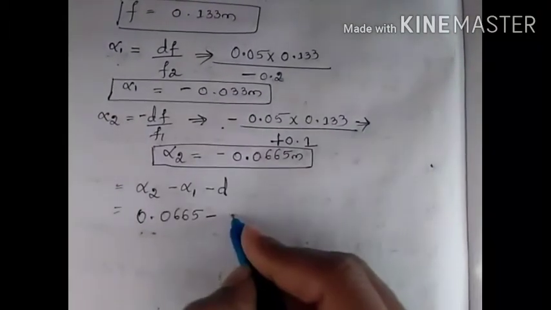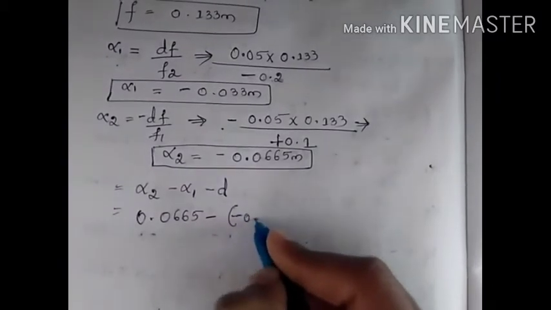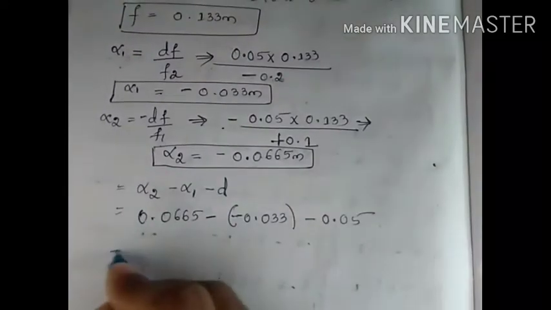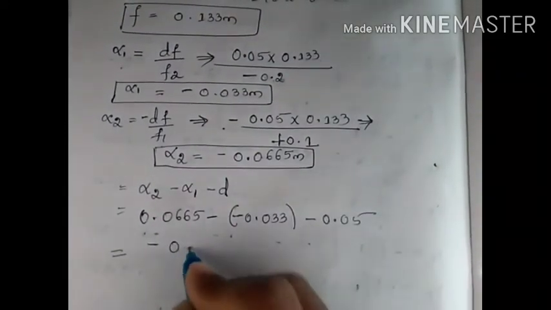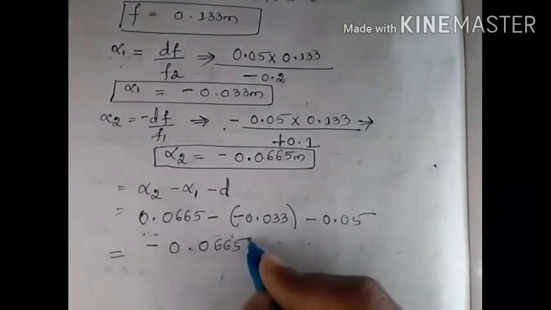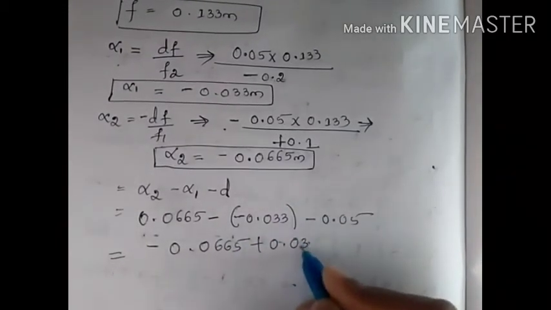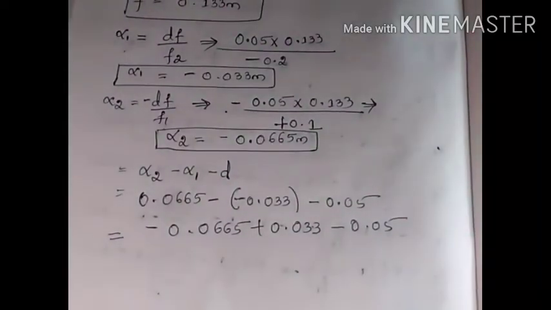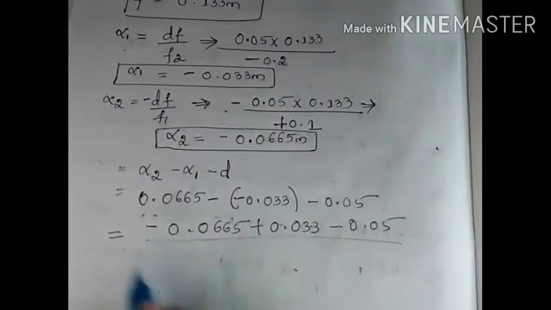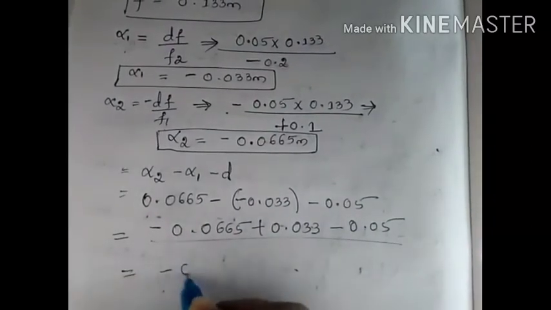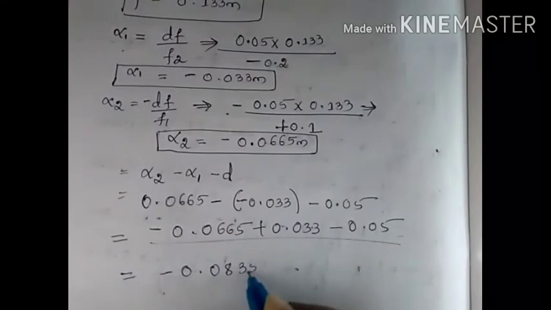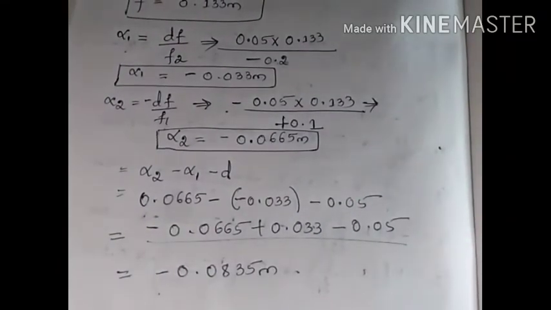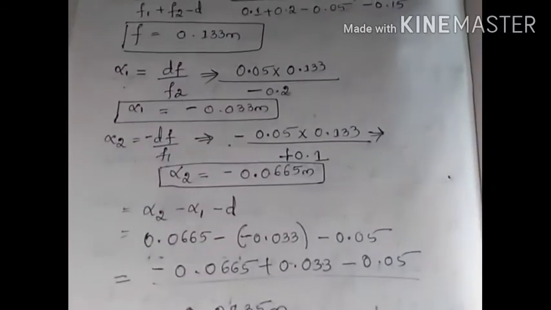How much is alpha 1? It is minus 0.033, minus 0.05. So that gives the value as minus 0.665 plus 0.033 minus 0.05. So now if you solve this, you get the final value as 0.0835 meters. So this is the separation between the two principal points.